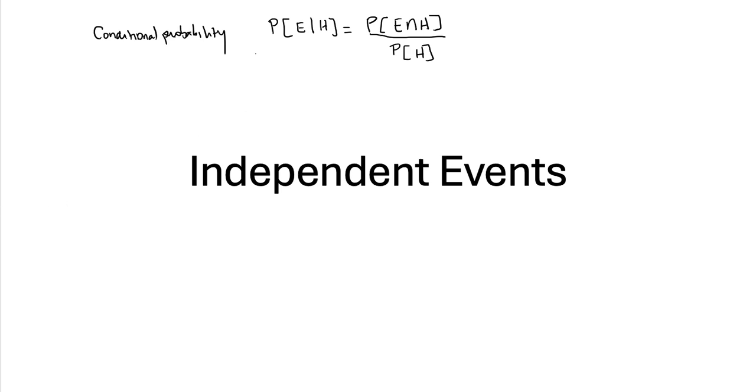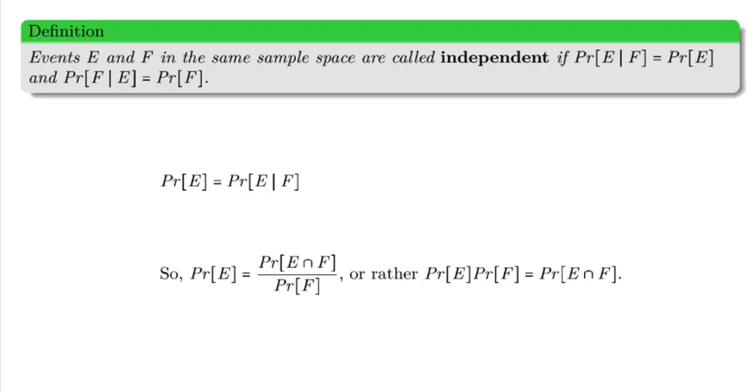We're going to talk now about a particular case of events called independent events. So what are independent events? Events E and F, in the same sample space, are called independent if the conditional probability is equal to what we call the prior probability. Let's break this down.